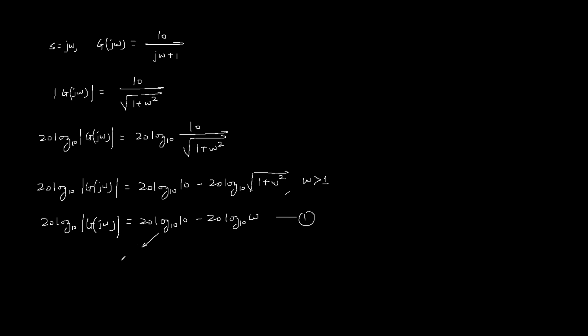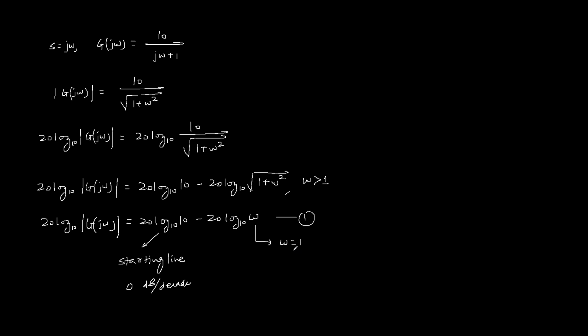So this is the expression for a starting line which is independent of omega. So its slope is 0 dB per decade because this value is a constant. At omega equal to 1, the second line becomes 0, and this line exists for omega greater than 1.